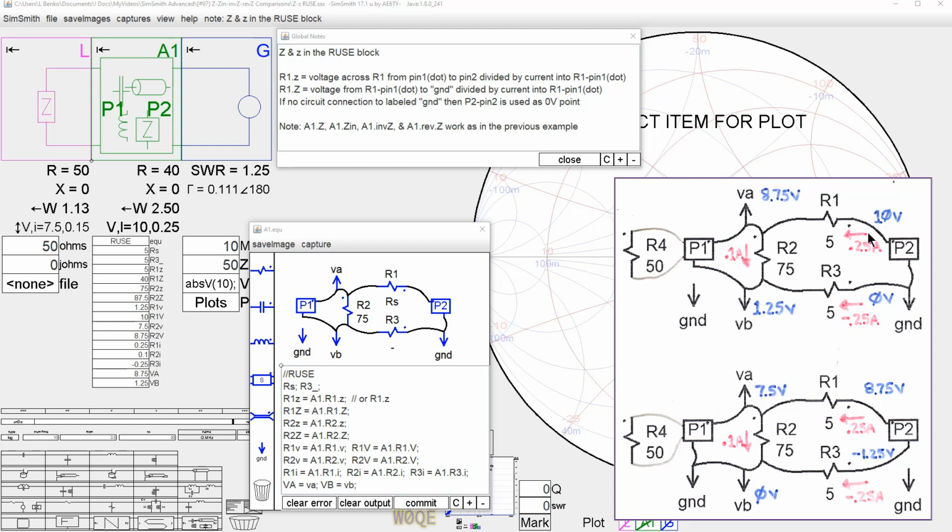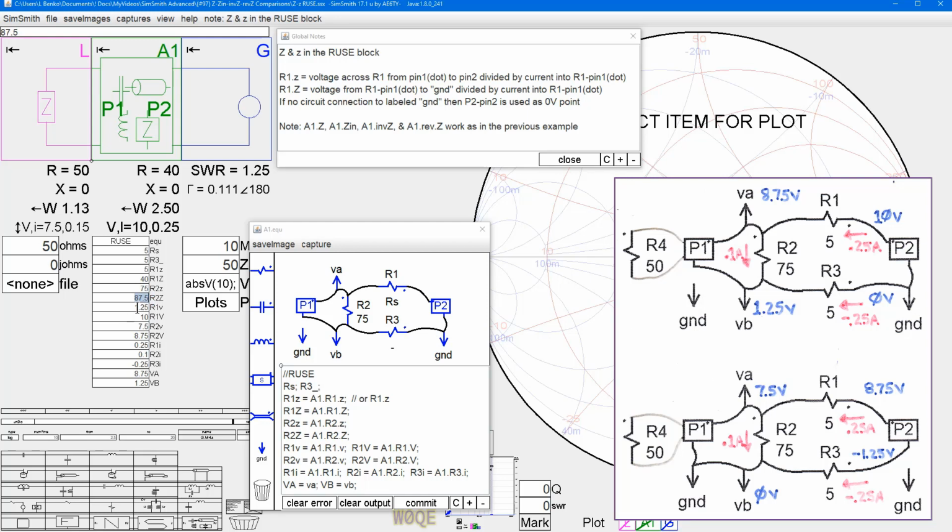So it's 10 volts divided by 0.25 amps, and that shows as 40 right there. R2 dot small z is 8.75 volts minus 1.25 volts, or 7.5 volts, divided by 0.1 amps, which gives us 75 ohms. And R2 dot capital Z is 8.75 volts, which is the point here, divided by 0.1 amps, or 87.5 ohms right there.